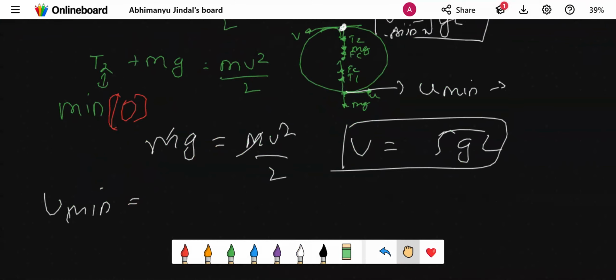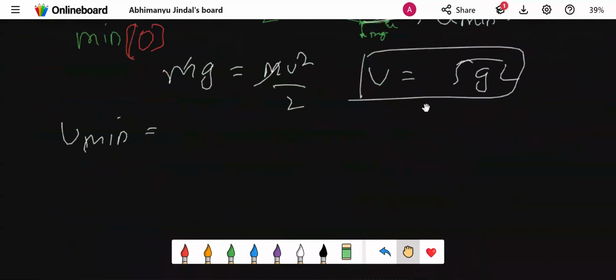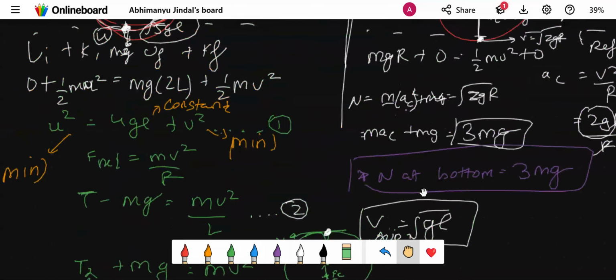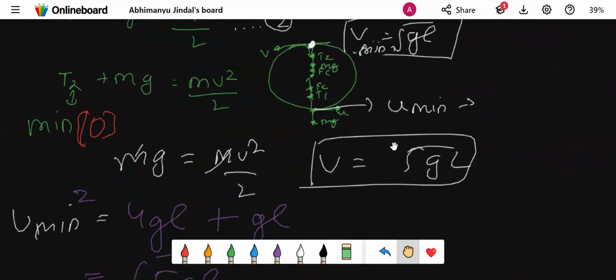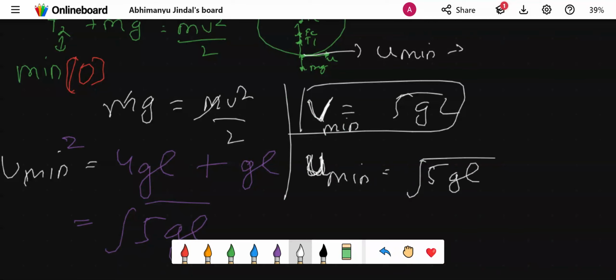U minimum square equals 4GL plus GL, which is root 5GL. So U minimum is root 5GL, and V minimum is root GL.